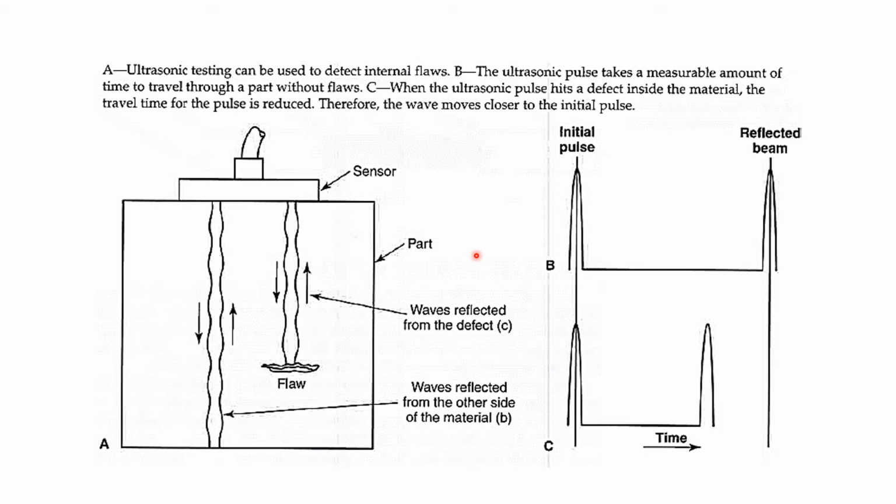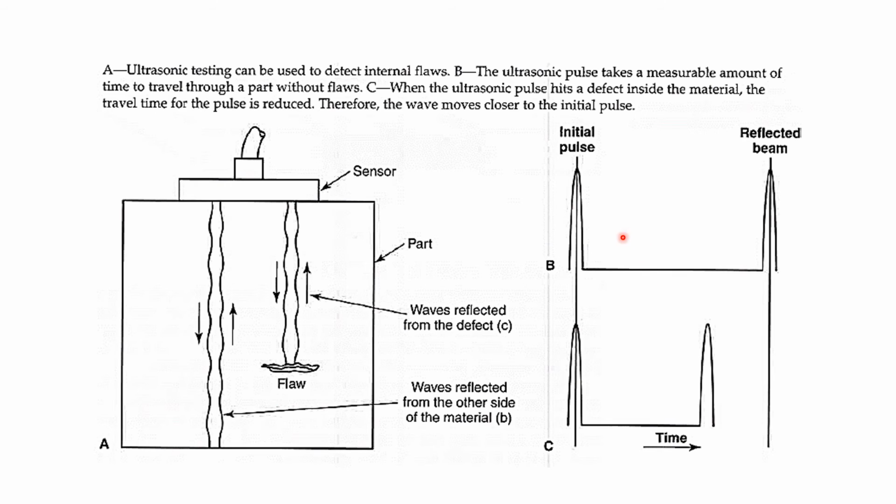Textbook picture. And we're going to start from this diagram. This is showing you ultrasonic testing in 2 dimensions, and we're going to detect the internal flaw. Now we're going to draw a pulse, because we're sending the sound wave through the material, and your flaw is right here. The ultrasonic pulse takes a measurable amount of time to travel through a part without flaws.